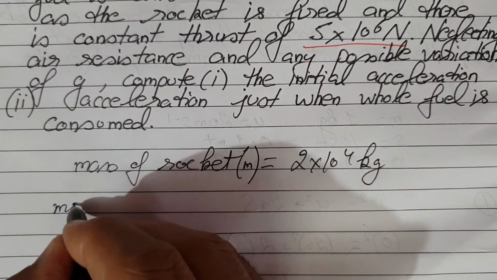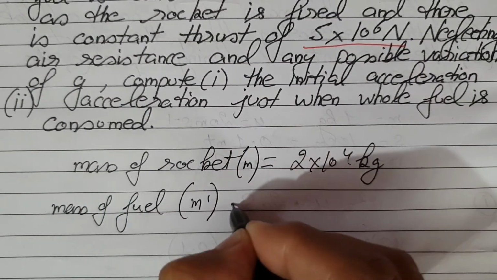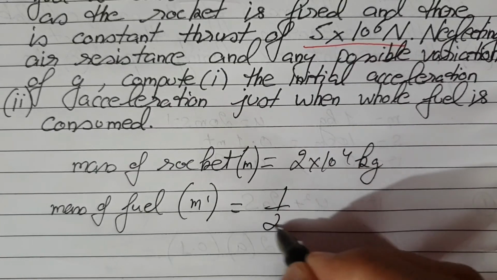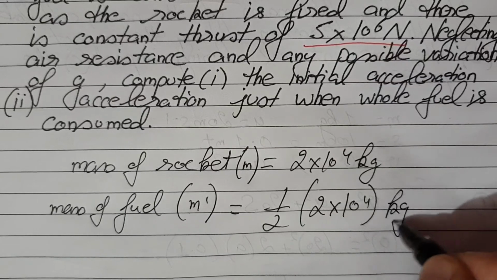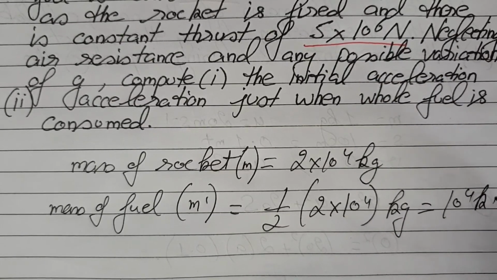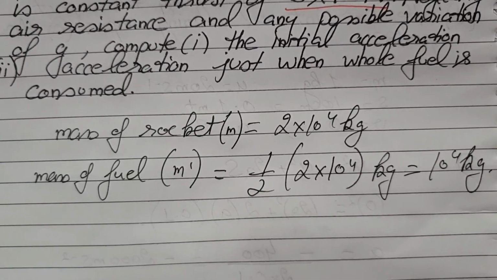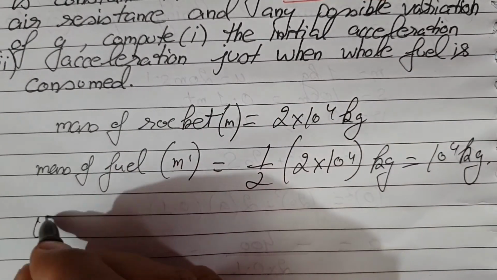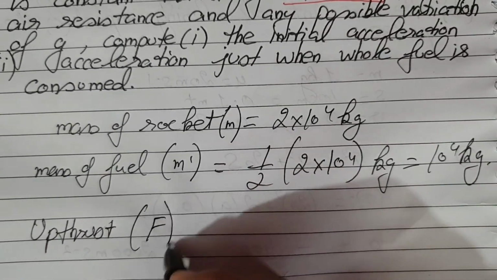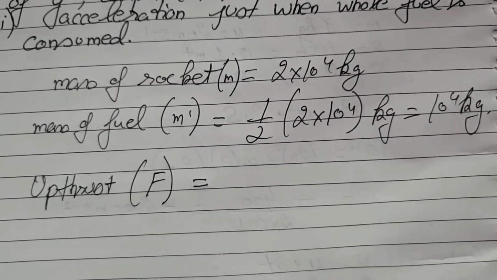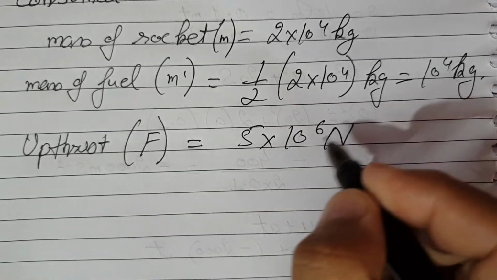So mass of fuel, you can take this as m dash, which is equal to half of 2 × 10⁴ kg, which is 10⁴ kg. Okay, now you have upthrust, the force in the upward direction, which is actually propelling the rocket. The value of this is 5 × 10⁶ Newton. Now this is the force.